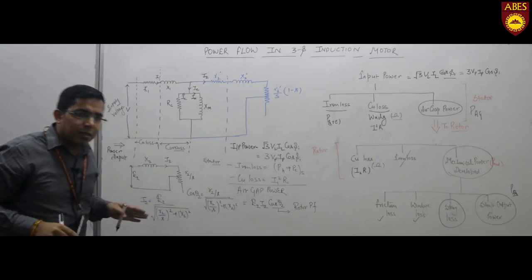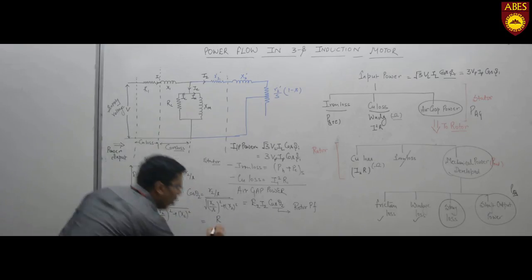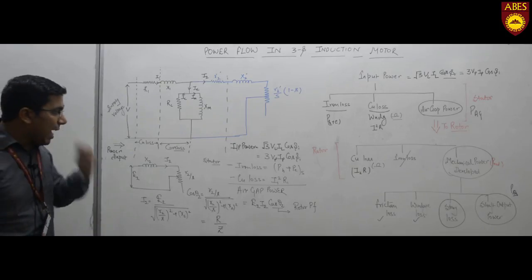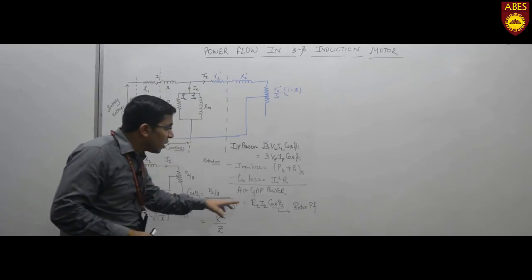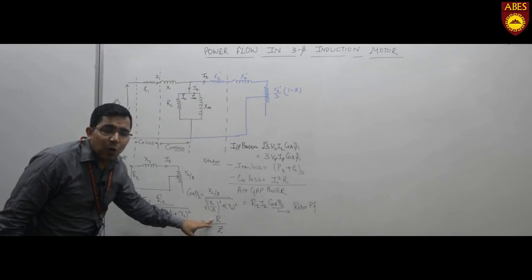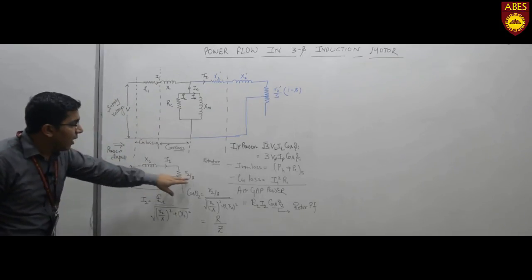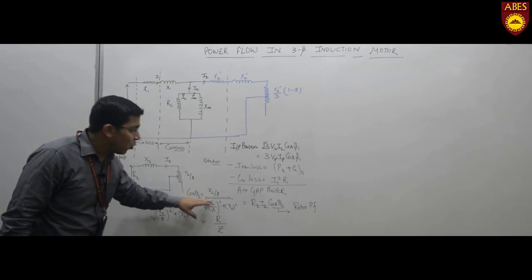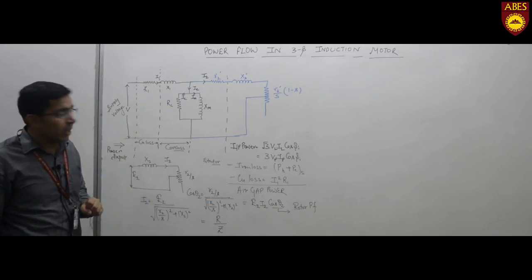If you see that clearly, it is nothing but the resistance of the rotor circuit upon the net impedance of the rotor circuit. That is, if you see through the figure, R2 upon S represents the rotor circuit resistance, whereas root of (R2 upon S) whole square plus X2 whole square represents the net impedance of the rotor circuit.